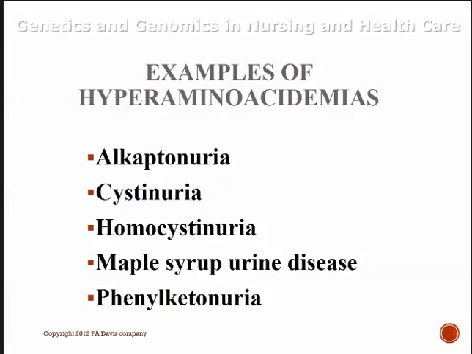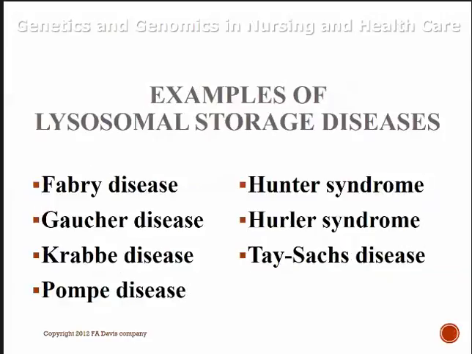So again, I'm sorry if I'm butchering those terms phonetically. Examples of lysosomal storage diseases. So remember, these work a little bit differently than the hyperaminoacidemias. Fabry disease, Gaucher disease, Krabbe disease, Pompe disease, Hunter syndrome, Hurler syndrome, and Tay-Sachs disease, which you all have probably heard before.